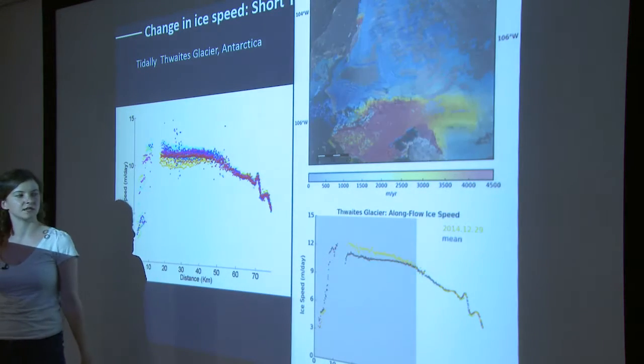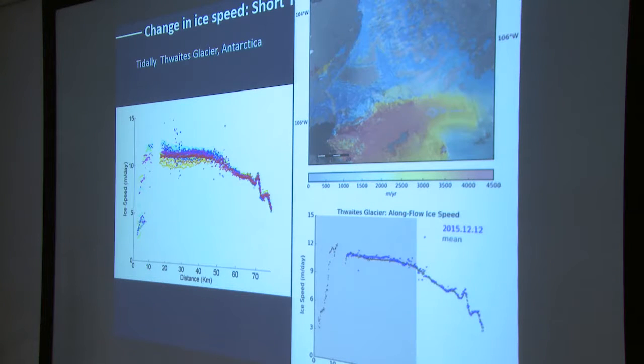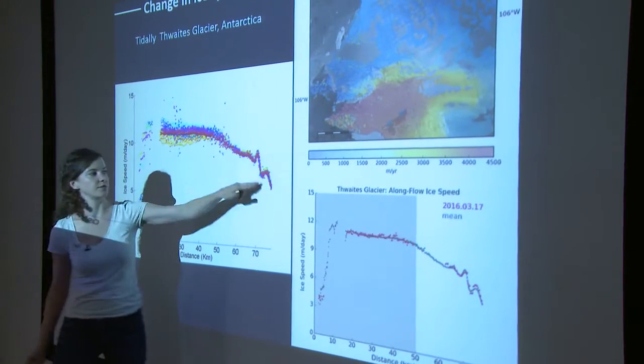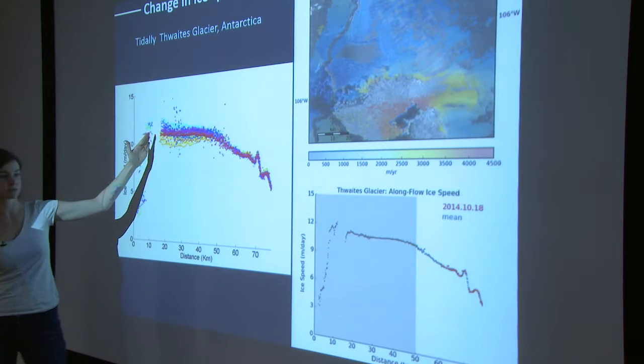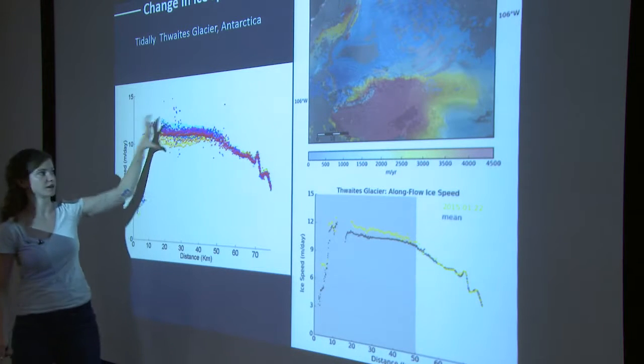The grey line marks the mean ice velocity up the centre of the transect, and the coloured lines indicate the ice speed measured on each individual image. But what you can see, and you can see it happening in the animation, but I think it's more clear on this less pretty graphic on the left-hand side, that in the portion of the ice stream that is grounded, so this section here that's not grey, you see a much more stable ice speed, but in the area where it is floating, you see that there's quite a large spread in comparison to the grounded section in the ice speeds that we're observing.